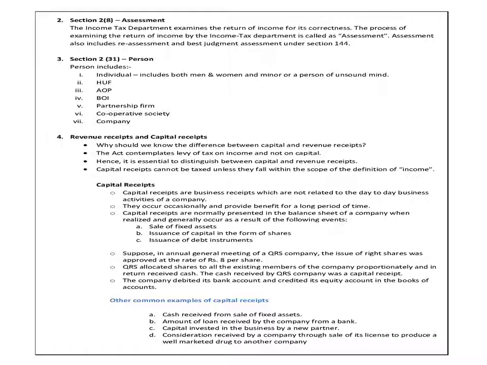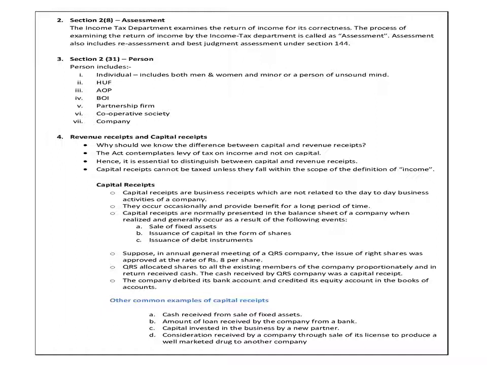Suppose one company is issuing rights shares to the members of the company. The members in turn pay money to the company. That money will be called your capital money or your capital receipt. Hence, this is a big example of capital receipt. We have some other examples for capital receipts also.